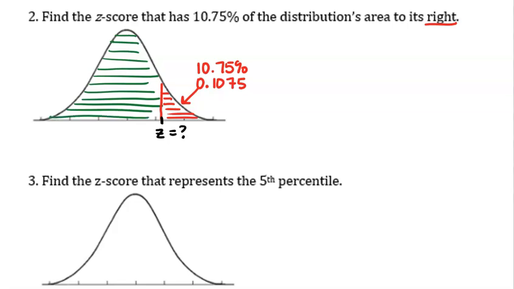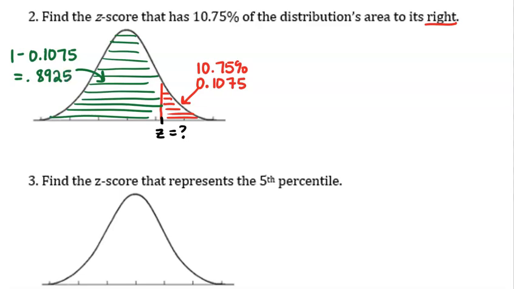But we could find the left area because we know that the left area and the right area, the green and the red, must all come together to give us 1. So the green is whatever is left after I take 0.1075 away from 1, and I'm left with 0.8925.